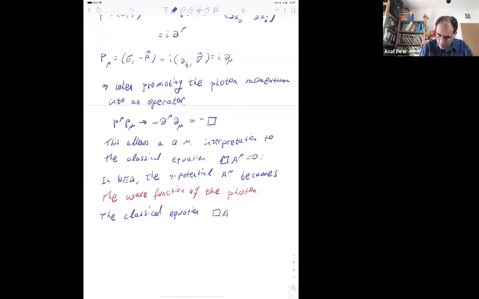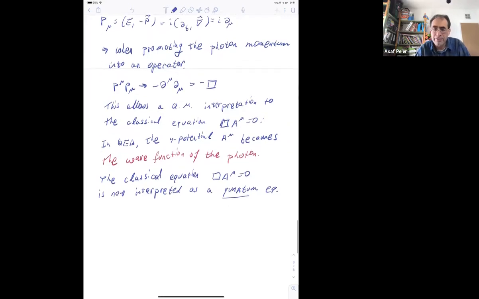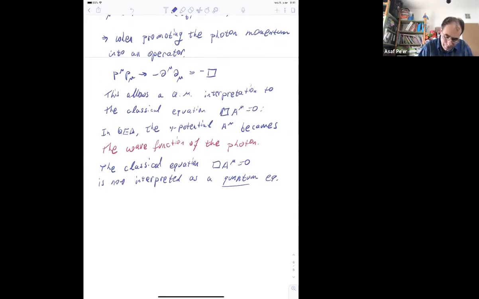the Lambertian of A mu equal to 0 is now to be interpreted as a quantum equation that describes the kinematics of a massless particle.